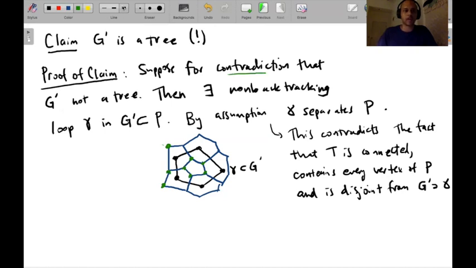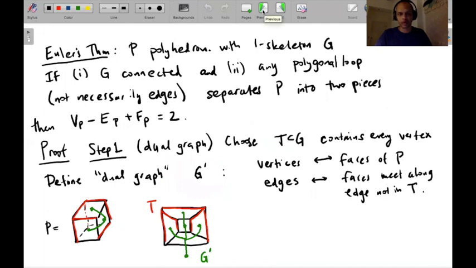And so we conclude that G prime is a tree. Okay, so this is the first step in the proof. What we've done so far is we chose a maximal tree, we constructed this dual graph, and we've shown that the dual graph is always a tree.